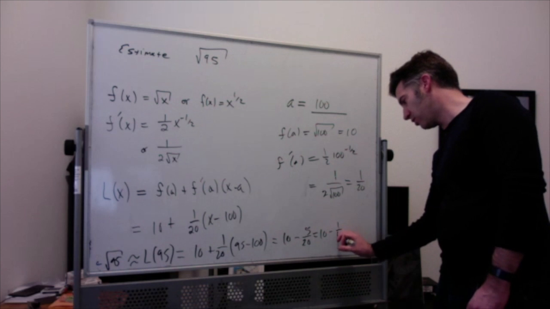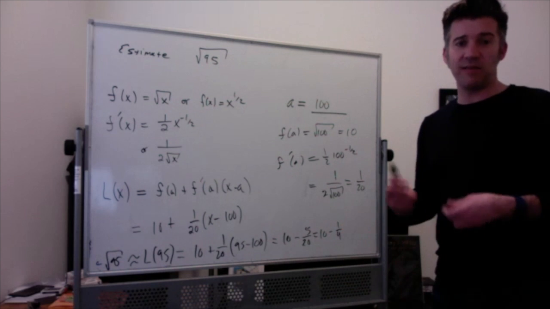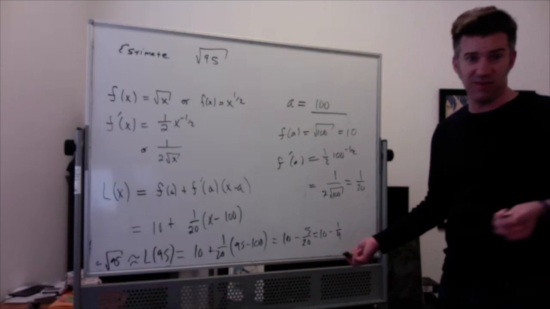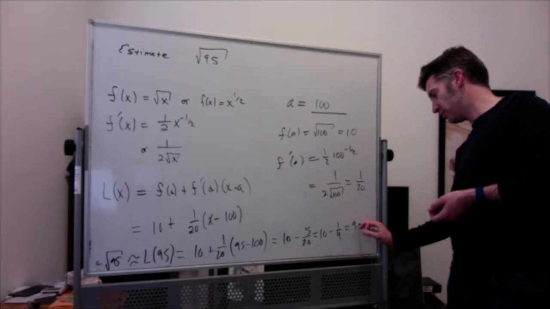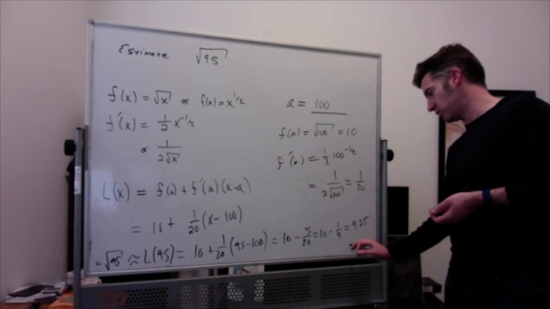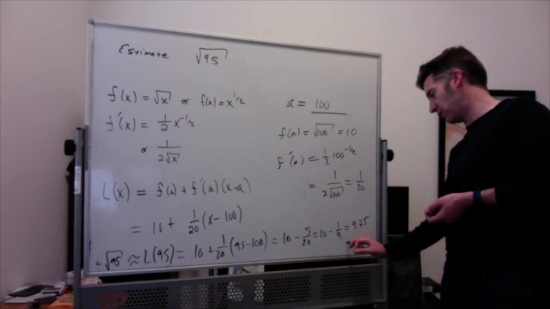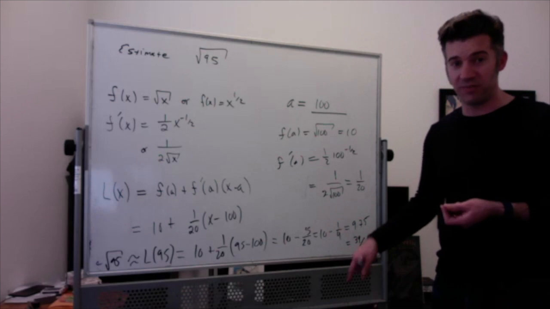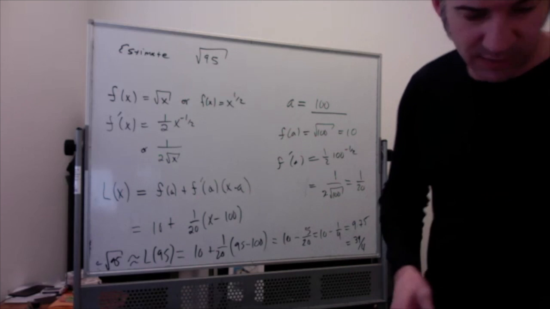If it's an easy fraction to change to a decimal, I would, and say, oh, 10 minus 0.25 is 9.75. Or you could write it as a fraction and say it's 40/4 minus 1/4, which is 39/4.